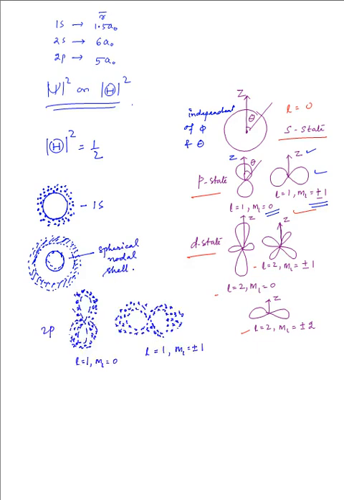So in all the S states, the maximum probability is near the origin. So that's that white patch that you see near the center, with the maximum probability. And those white dots that you see away are just sprinkled white dots. In this case, I have made them blue dots. So they will tell you that the probability gradually decreases.